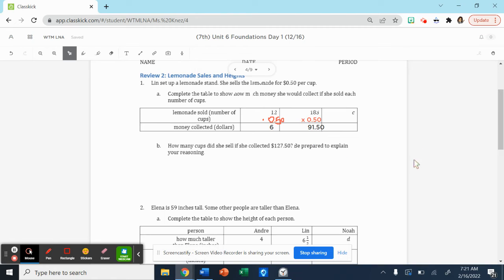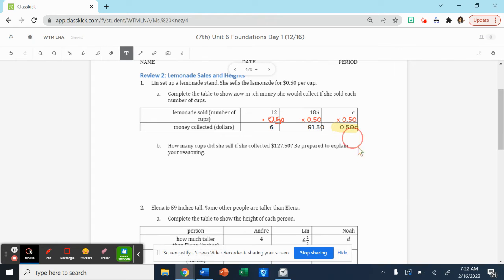Now, the next box on our table says that she's selling C cups of lemonade. C is a variable that represents any number of cups. What we know about C is that no matter how many cups of lemonade she sells, she is always multiplying the number of cups times 0.50. And so we can write this box as 0.50C.